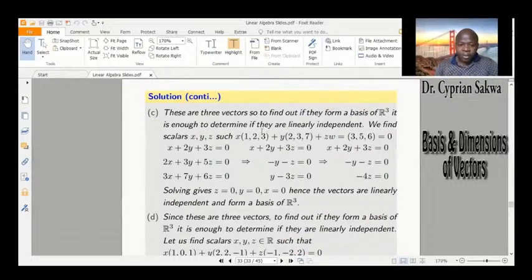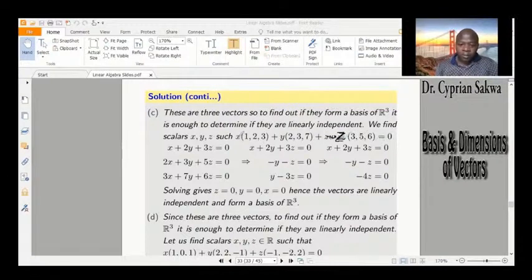To find out whether they are linearly independent, we seek to see whether we can find scalars x, y, z, which when multiplied, x multiplied by the first vector, plus y multiplied by the second vector, then plus z multiplied by the third vector, give us 0.